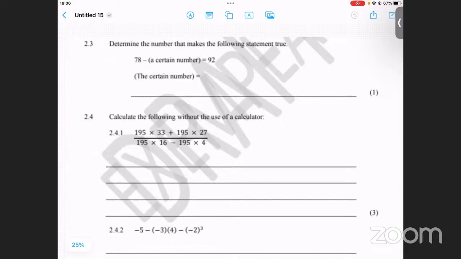So how do you think we're gonna calculate the certain number? Guys, how are you going to calculate the certain number?